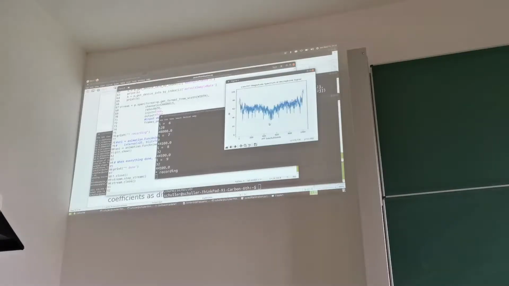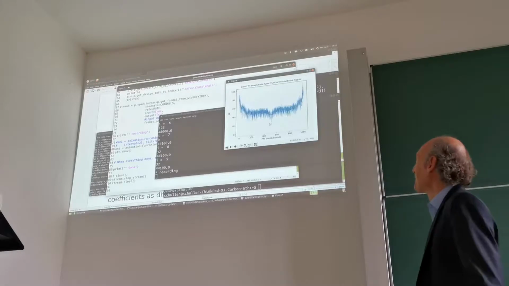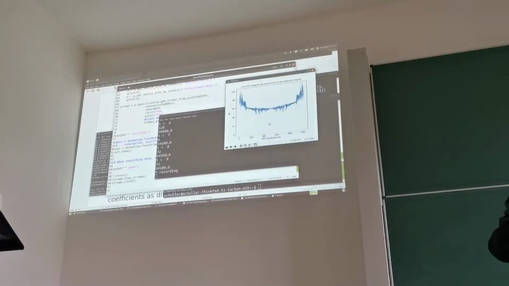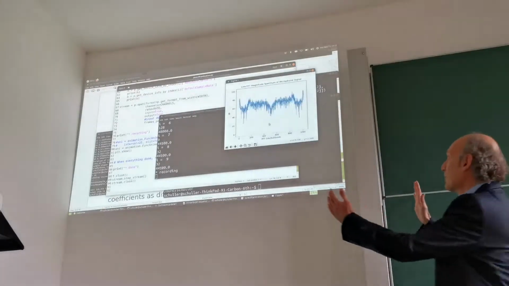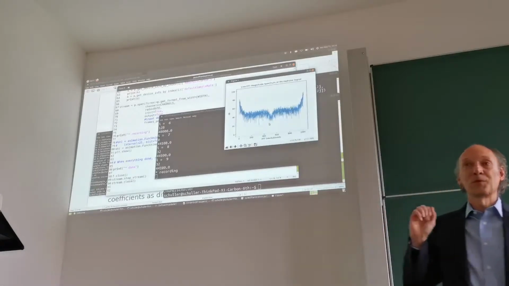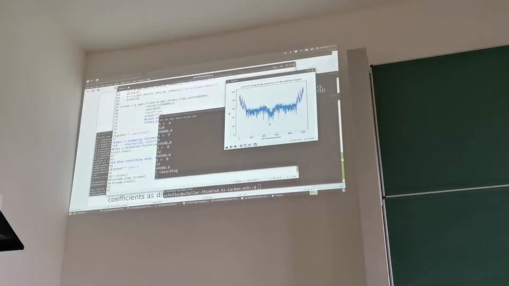So to see those frequencies, I could now whistle. When I whistle and go higher in my whistling tone, you should see peaks coming from the sides going to the center. So let me try. Can you see it?